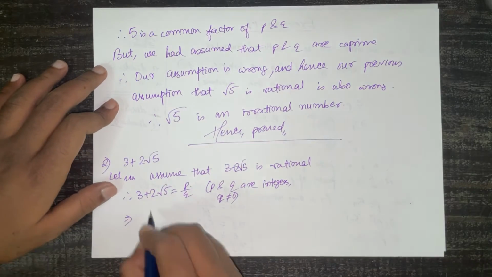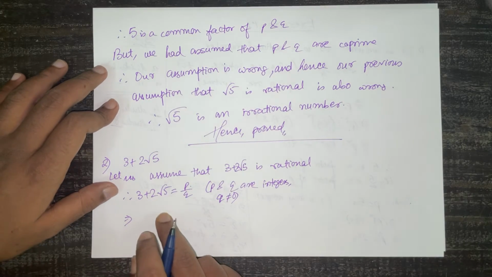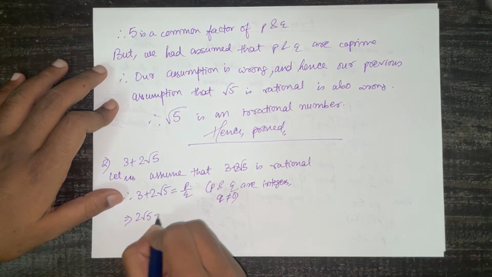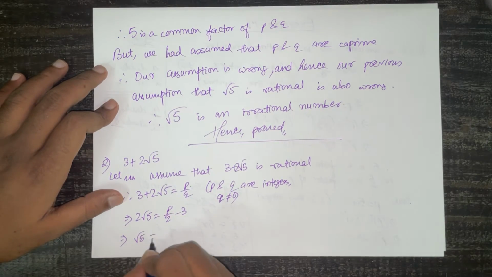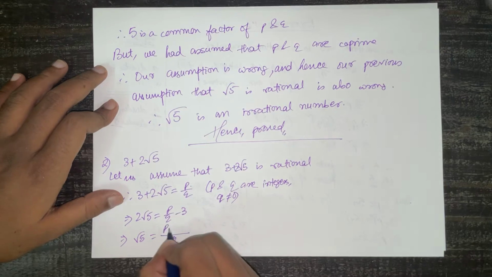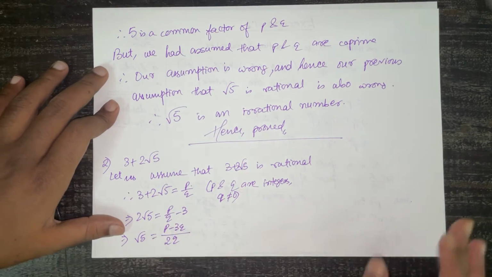From here we will rearrange and find the value of root 5. So 2 root 5 is equal to p by q minus 3. Taking the LCM, root 5 will be p minus 3q, and the 2 moves to the denominator, so it becomes 2q. So root 5 is equal to p minus 3q by 2q.